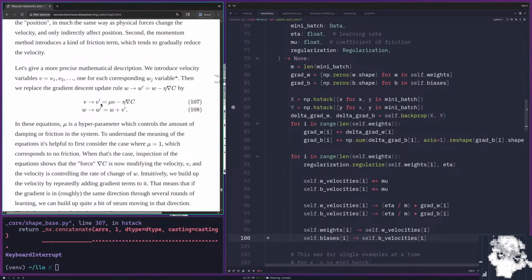So V, you multiply it by the coefficient, then you subtract. I guess I'm assuming that it's the over M thing like before.